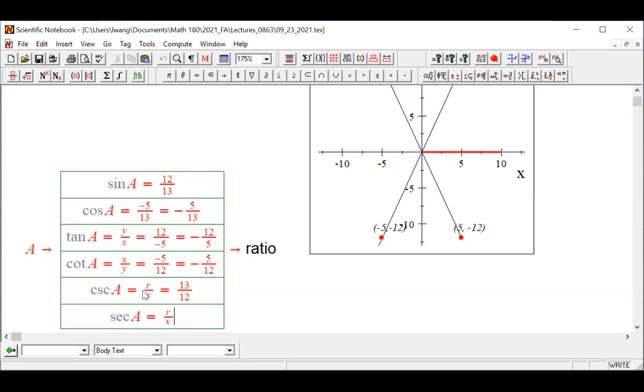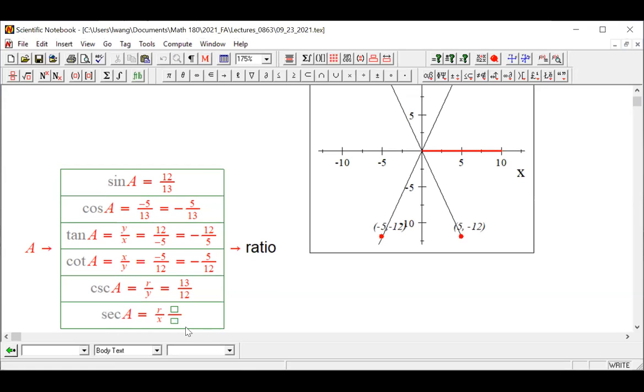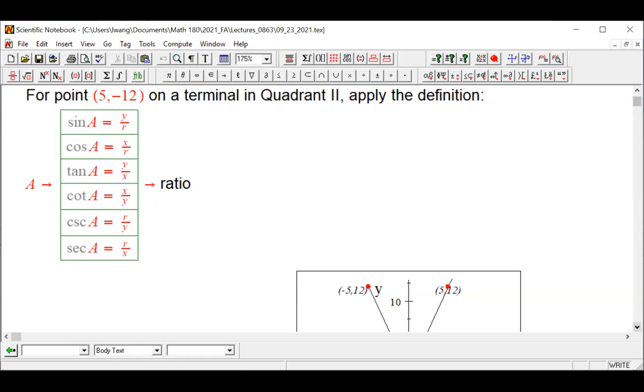Wonderful. Last, it's 13 over -5, but you have to flip it, so it's -13 over 5. Great job. You see, you are doing it. Okay, so can we get to the last one?